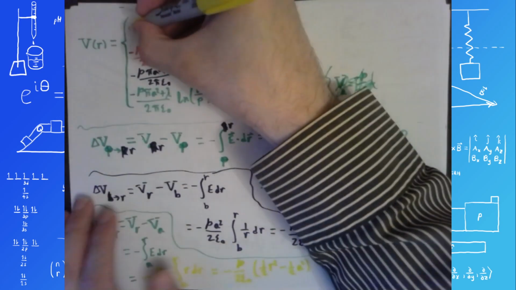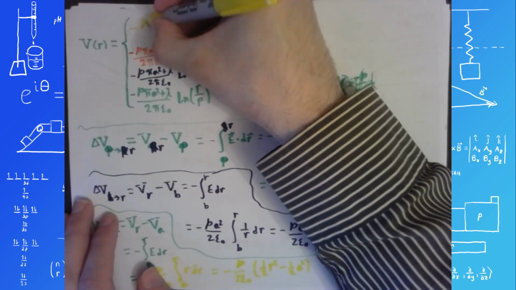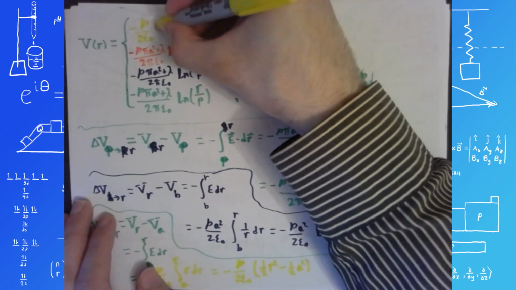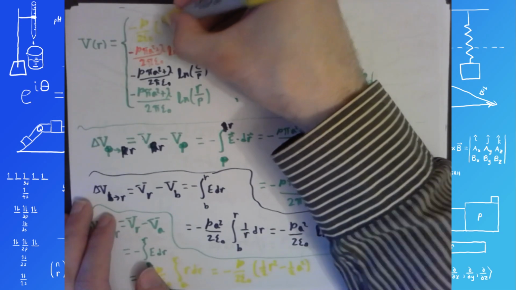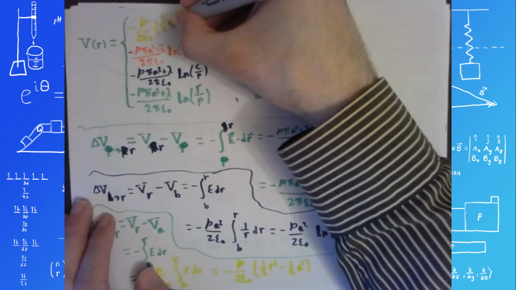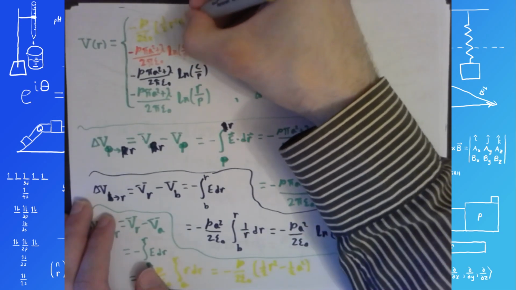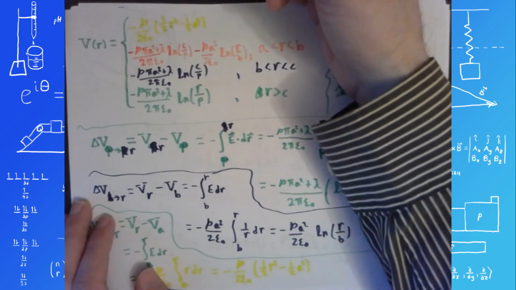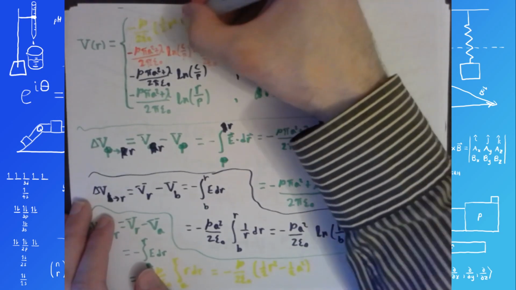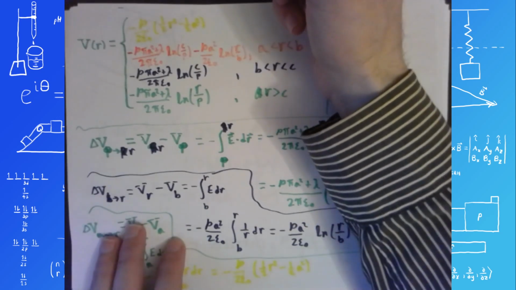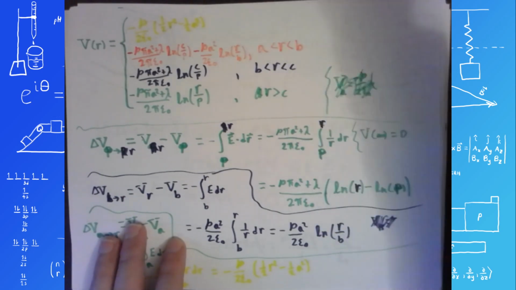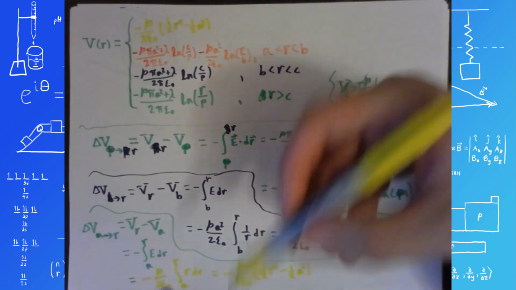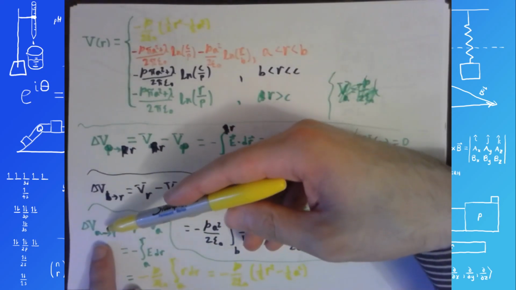So we would have negative rho over 2 epsilon naught times 1/2 r squared minus 1/2 a squared. I guess it would have been easier to just factor out the 1/2 like I said a couple seconds ago, but oh well. We're already committed, and then that's your delta V from a to r.